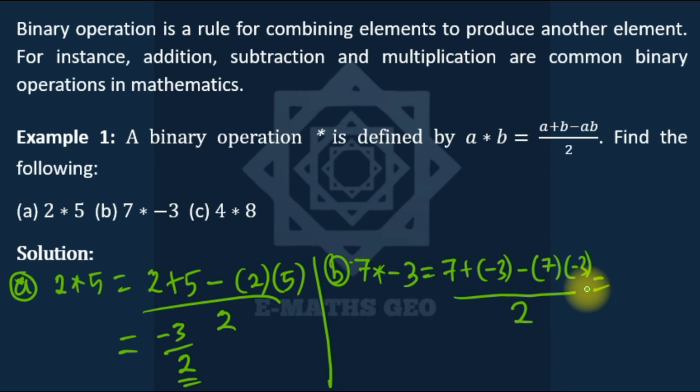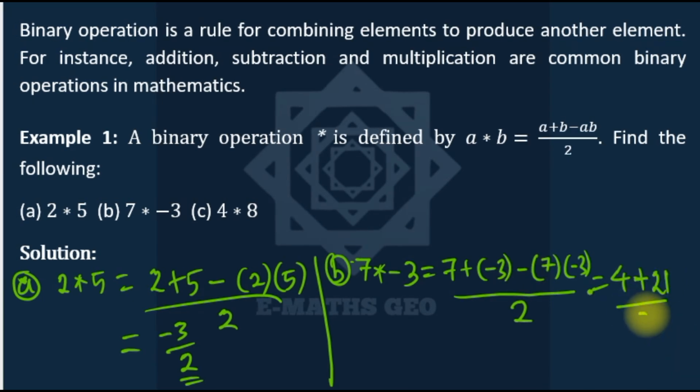So I have 7 minus 3 is 4. 4 plus 7 times minus 3 is minus 21 times minus 1, which is plus 21. So over 2. So we have 25 over 2.